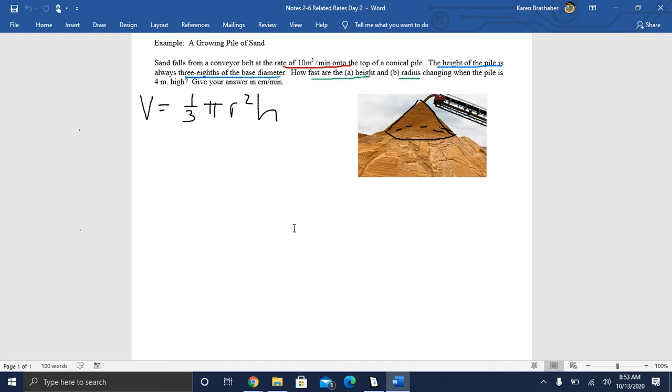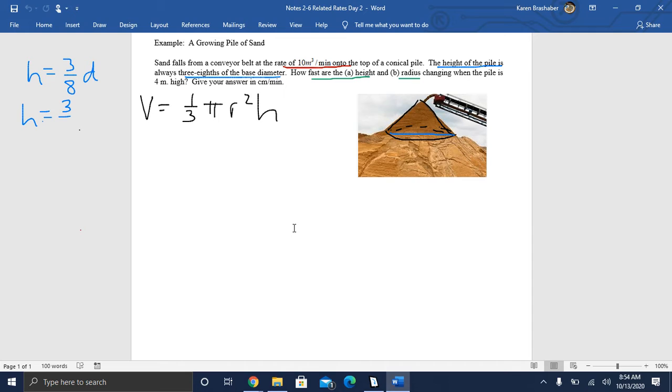So we're going to concentrate on part A. Part A wants us to find the height. We're going to use the relationship that was given to us, which I've underlined in blue: the height is 3/8 of the diameter. Now, we're really not interested in the diameter, we're interested in the radius. By the way, the diameter on that cone would be going across the circular part of the bottom.